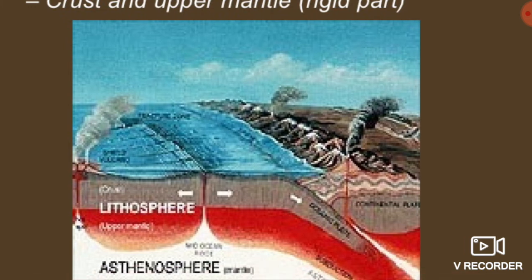Just below this lithosphere is the asthenosphere. Asthenosphere is the part of the mantle which is in the molten state, where the materials of the earth are in molten state, and this is the source of, or this is the magma chamber.